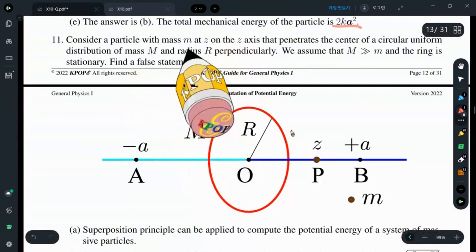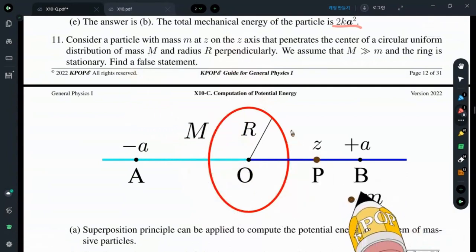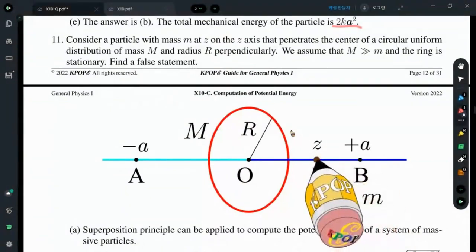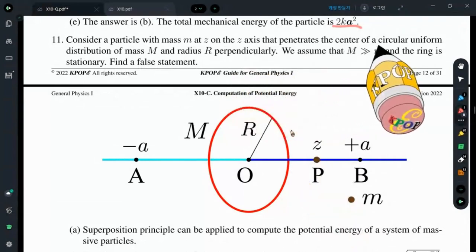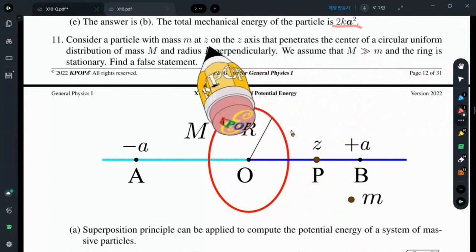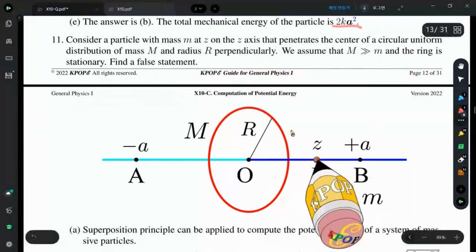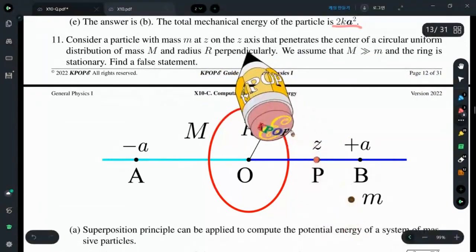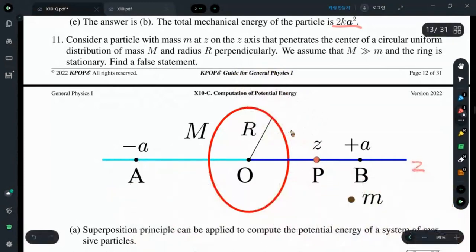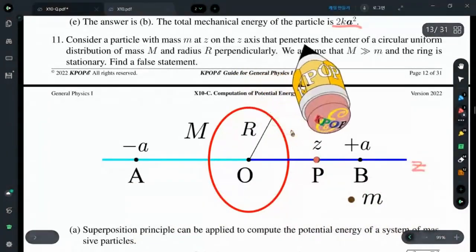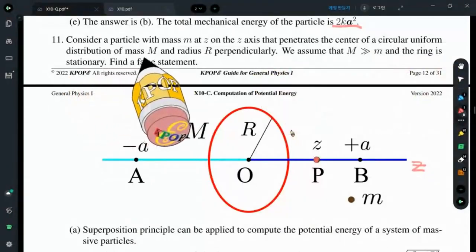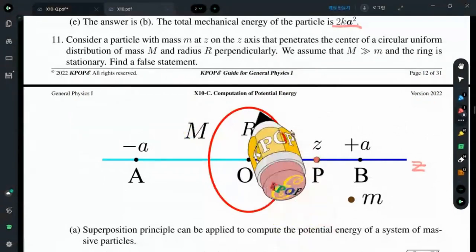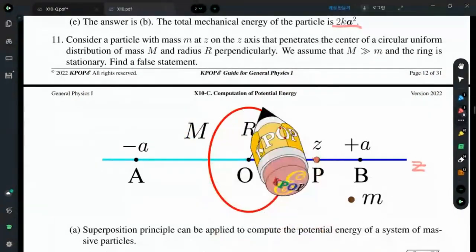Consider a particle with mass m at here, at C, near point P, and it is on a z-axis that penetrates the center of the circular uniform distribution of mass capital M. Okay, this red curve is a circle.